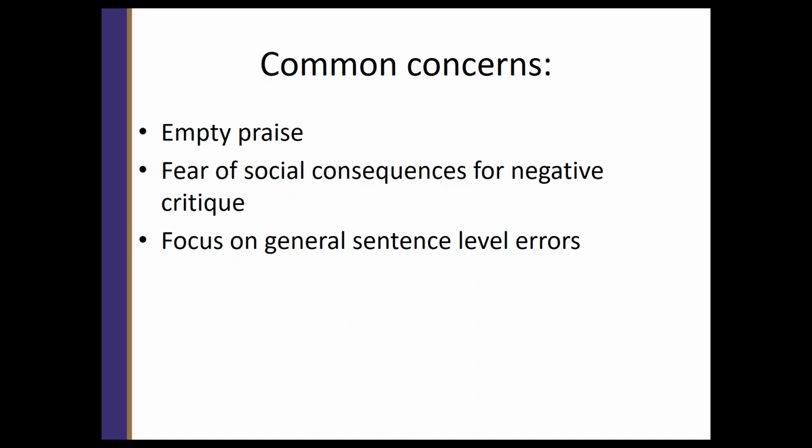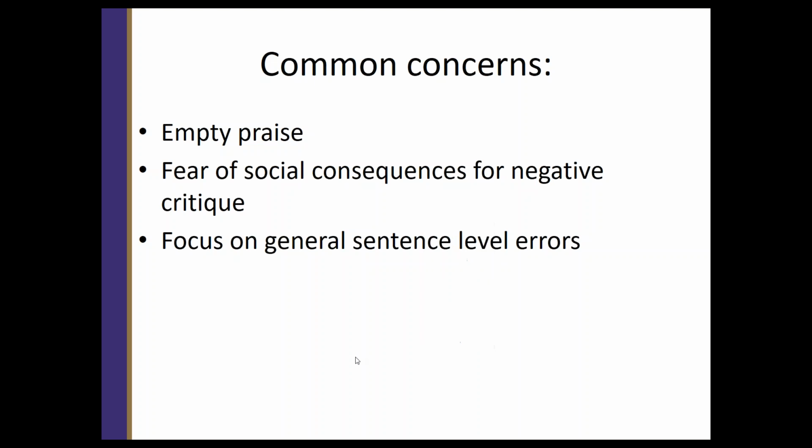So fear from students that their peers will be harsh on them or critical of them if they give negative feedback. And there tends to be a focus on general sentence level errors or editing errors rather than the bigger components such as voice or tone or audience or fitting the assignment description.